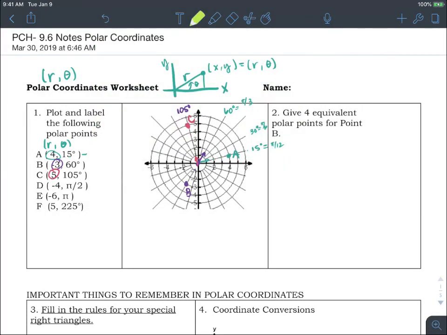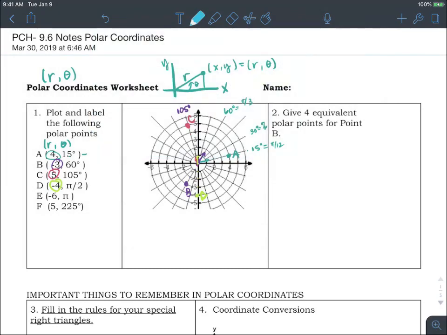That's straight up, but I'm going to go -4, so do I go towards pi halves or towards 3 pi over 2? I'm going towards 3 pi over 2 because I'm walking backwards from where I'm facing. 1, 2, 3, 4. That's D.